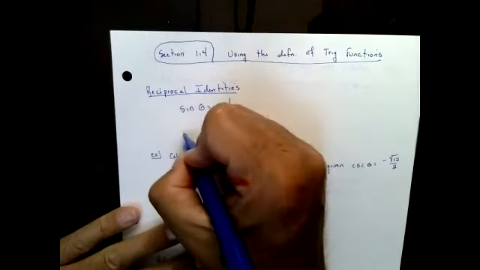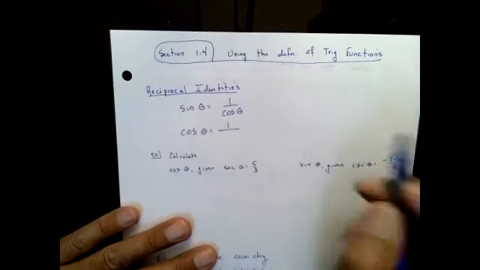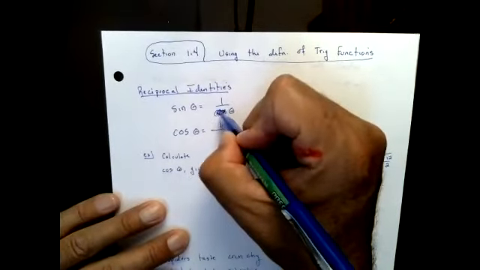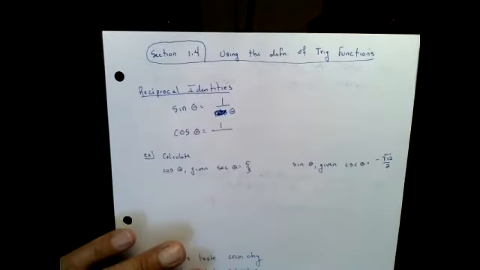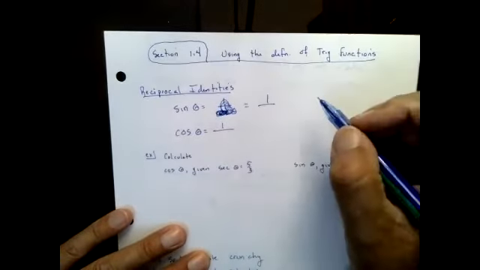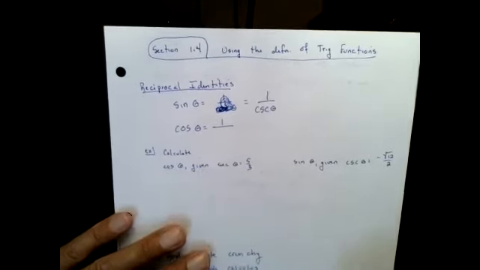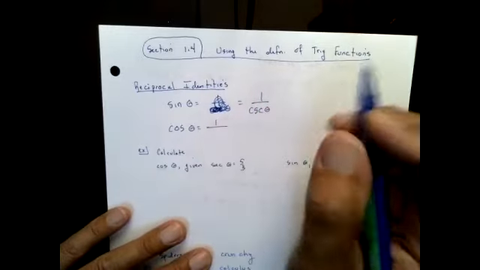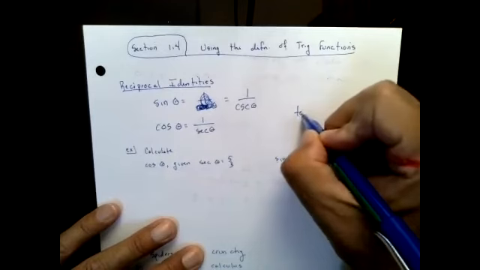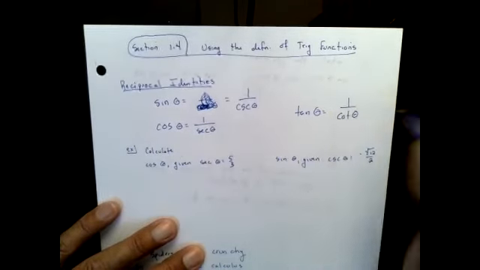Wait a minute, we did this wrong. What's that supposed to be? Sine of theta is the same as 1 over cosecant. Cosine of theta is 1 over the secant. Yeah, they're reciprocals. Finally, the tangent of theta equals 1 over the cotangent.